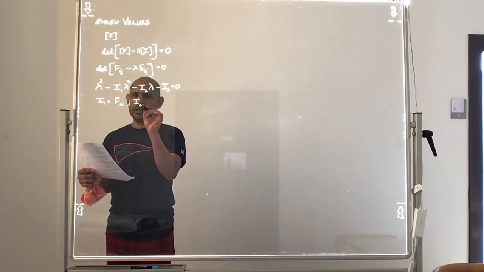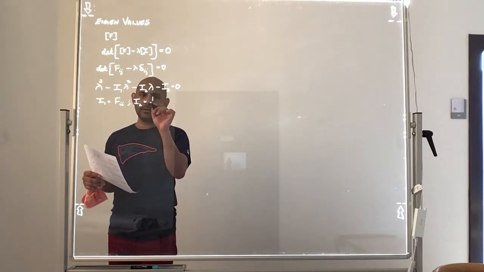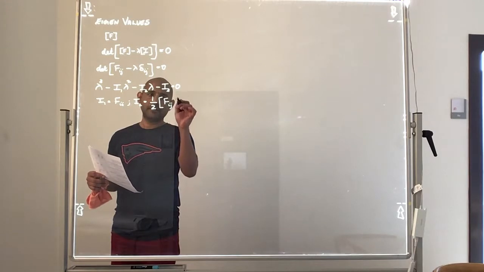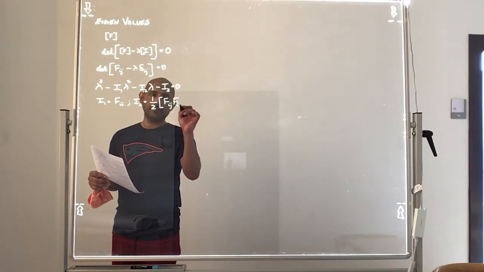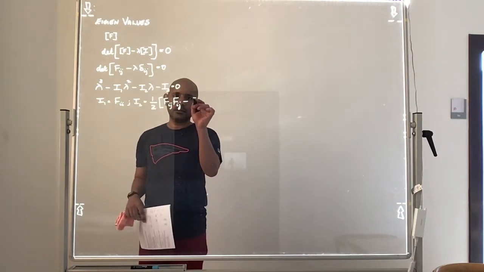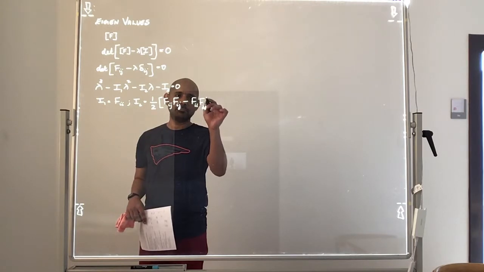I2 is a little bit trickier looking, but still: it is half of (Fii Fjj minus Fij Fji).